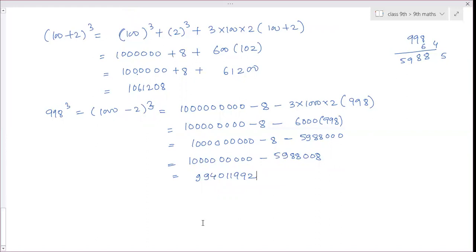How 6088? Ma'am, you converted 1000 minus 2 to 998, I didn't do that. So what have you done? I multiplied it separately, 1000 separately, this one separately, 2 separately. Yeah. Then check that, you have to do the addition and subtraction properly. I'll check, ma'am. Check that difference.